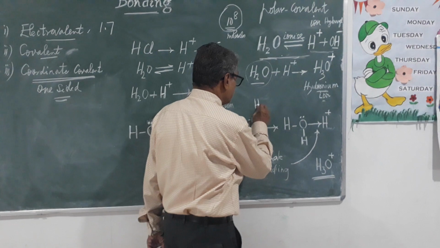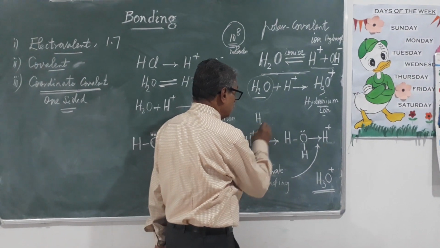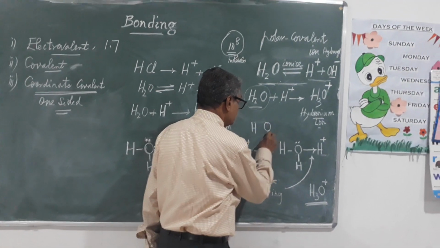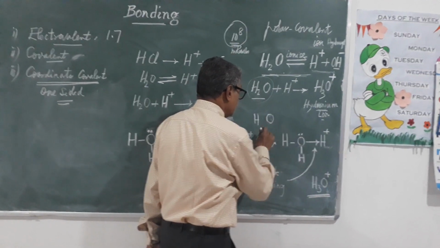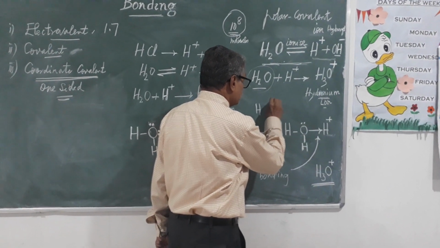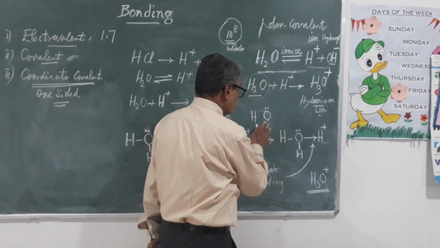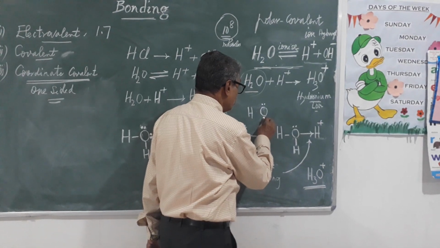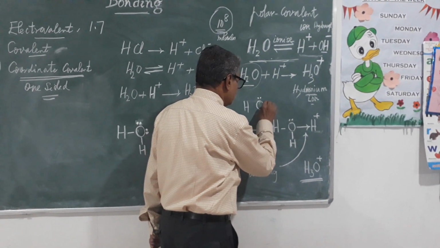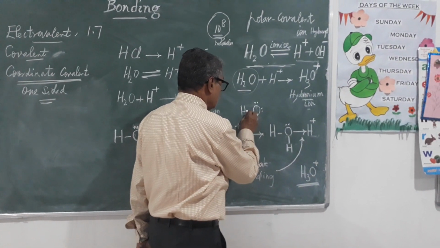One hydrogen, here is oxygen. Oxygen, you know, has two lone pairs of electrons. We have learned earlier, oxygen has two lone pairs of electrons.